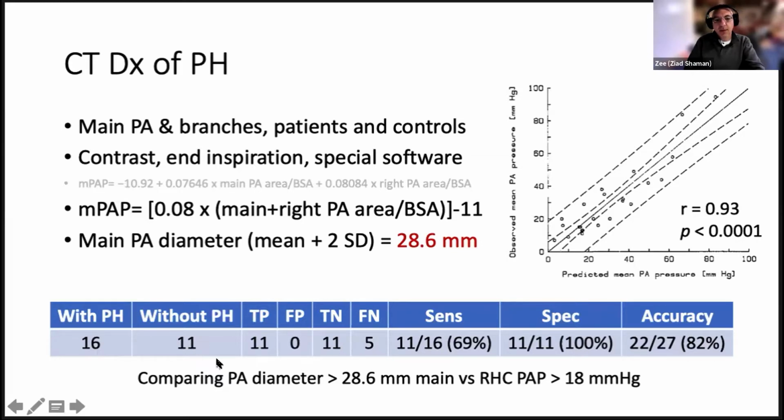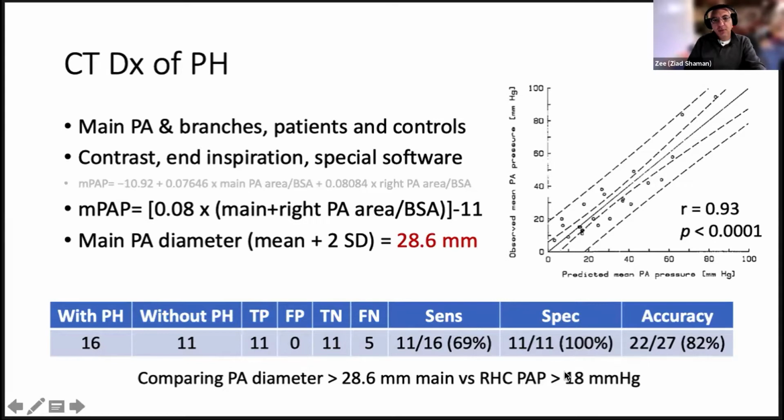There were true positives of 11, true negatives of 11, and false negatives of 5, which gives a sensitivity of about 70%, a specificity of 100% in this case, and an accuracy of 82, comparing the diameter of the pulmonary artery to right heart cath pressure of more than 18 millimeters of mercury.